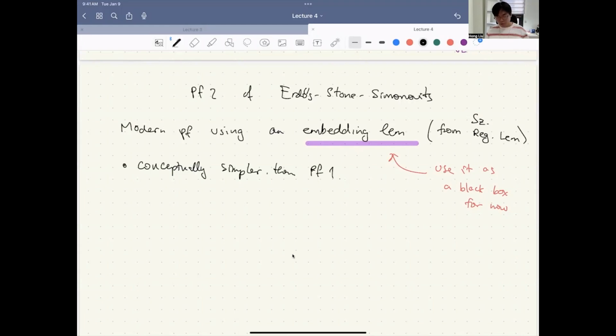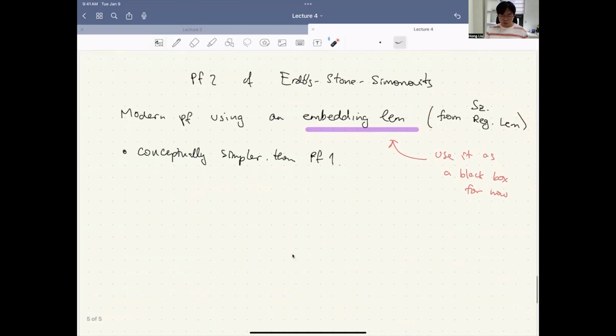Although this conceptually simpler proof is building on nice machinery, which will take a while to explain, we're going to postpone it to later. To talk about this embedding lemma, we need to introduce a concept that generalizes subgraph containment, which we call homomorphism.